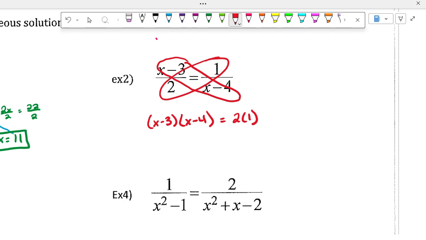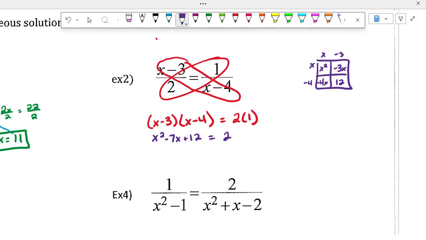You have the FOIL or box method, right. So if I do a quick box, x minus 3, x minus 4, x squared minus 3x minus 4x, 12. So this would be x squared minus 7x plus 12 is equal to 2 times 1, which is 2.